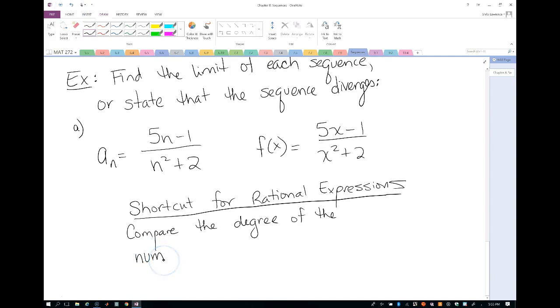And I'm going to call the degree of my numerator capital N, and the degree of my denominator capital D. And depending on how these two relate to one another, we can decide exactly what that limit's going to be.